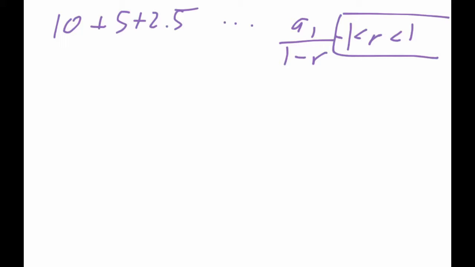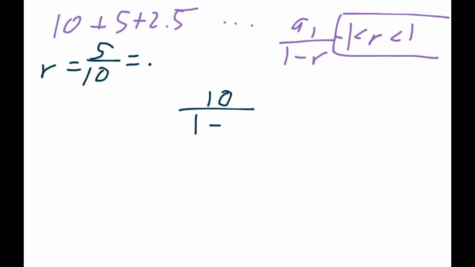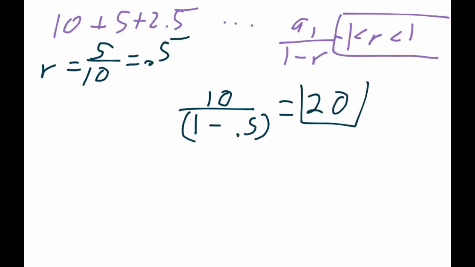So in this problem, we know a sub 1 is 10, 1 minus, and then to find r, we take the second number divided by the first number, which means we get the answer of 0.5. Now, of course, 0.5 is in between 0 and 1, so we're able to do this problem. 10 divided by 1 minus 0.5 in parentheses turns out to be 20.